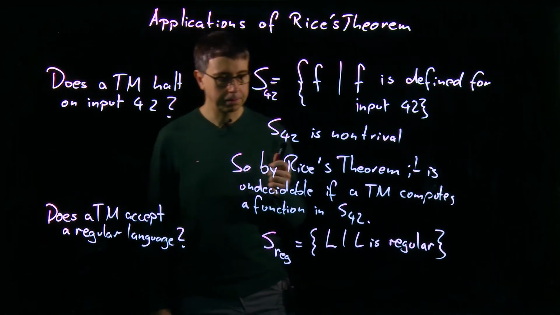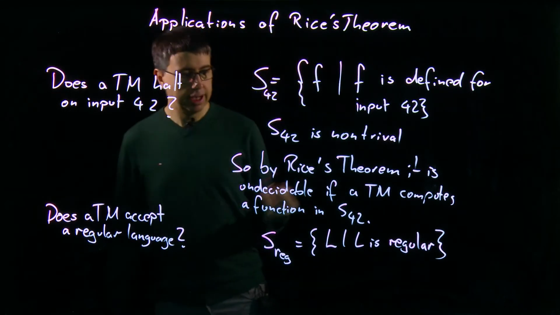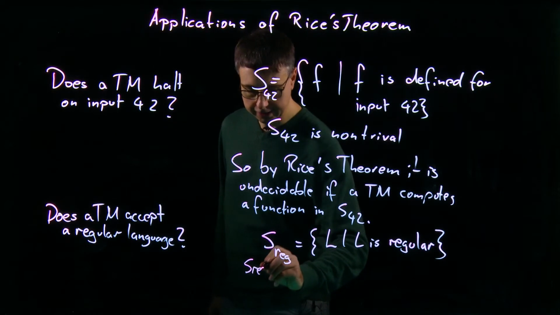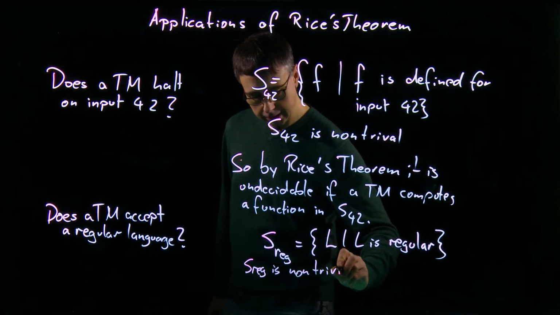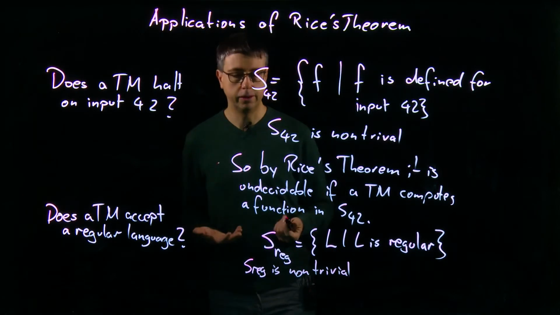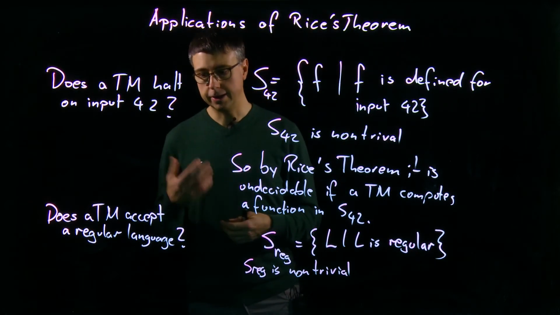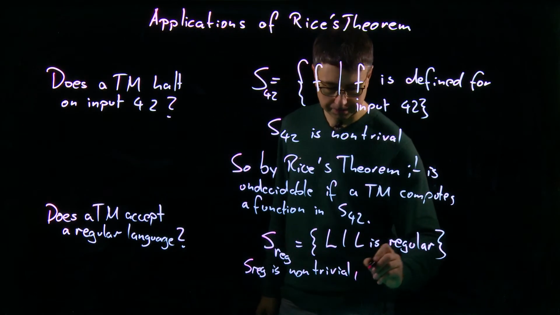And it's apparently non-trivial because there are regular languages, and it's not the set of all Turing acceptable languages. So SREG is non-trivial. And as it is non-trivial, we can use the language version of Rice's theorem and directly see that it's undecidable whether a Turing machine accepts a regular language or not.